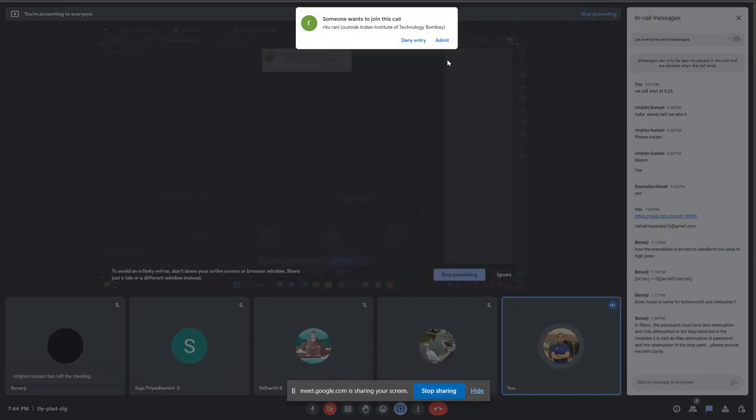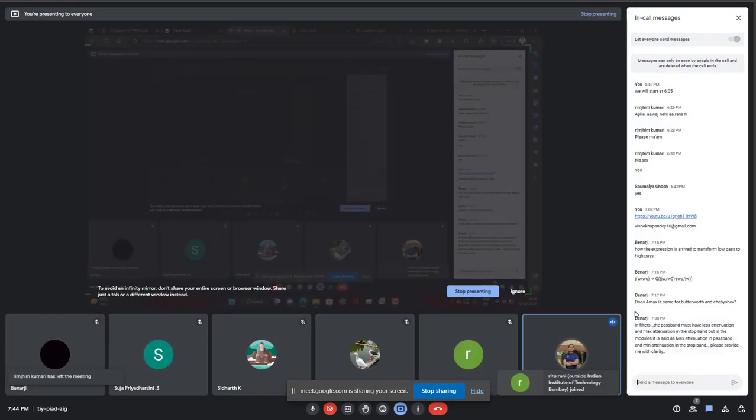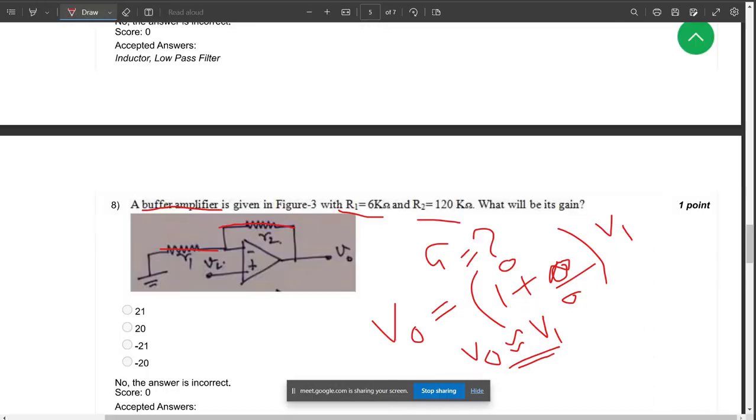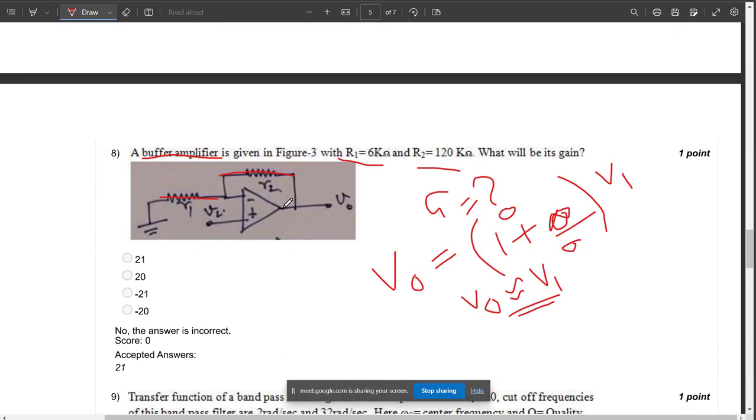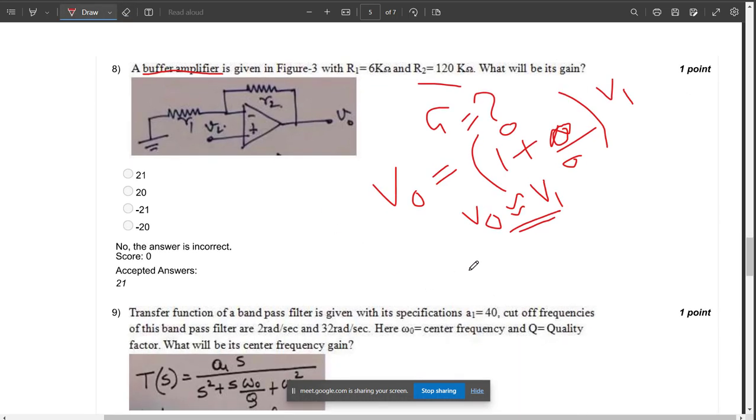But here R1 and R2 are given to us, and the formula for gain G becomes 1 upon R2 plus R1.